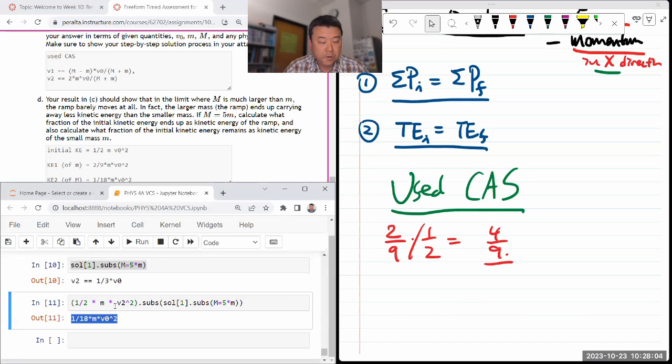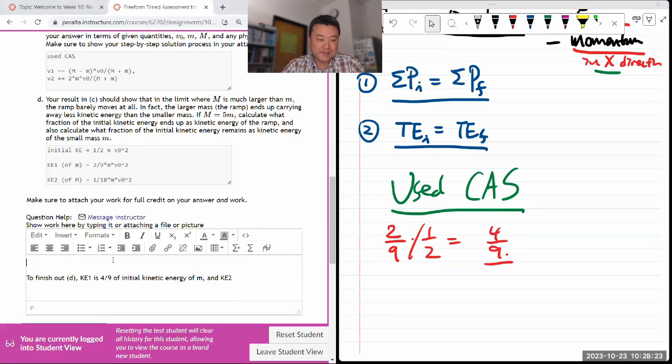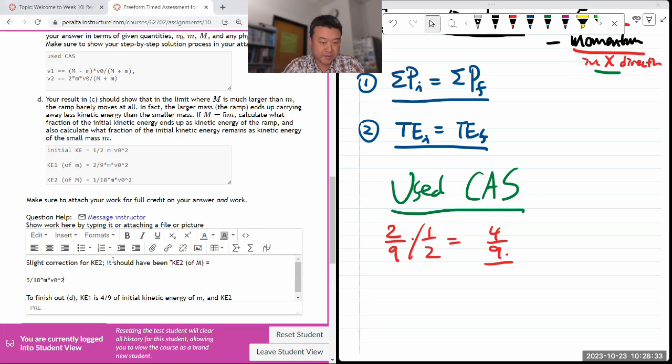Oh, I messed up here. It should have been capital M, not small m. So let me substitute in m is equal to 5m. Yeah, that's what happens when you do this in a hurry. So, slight correction for K2. It should have been K2 of m is equal to this.